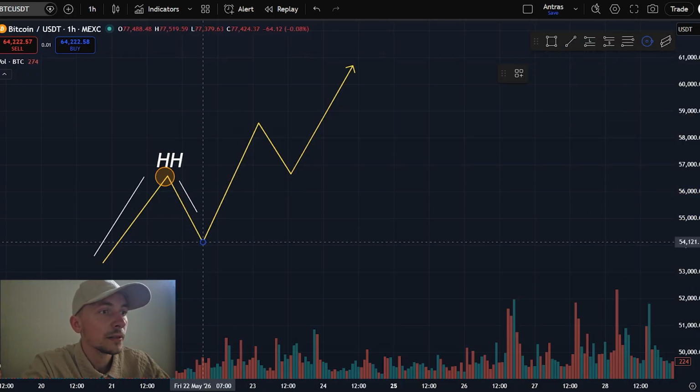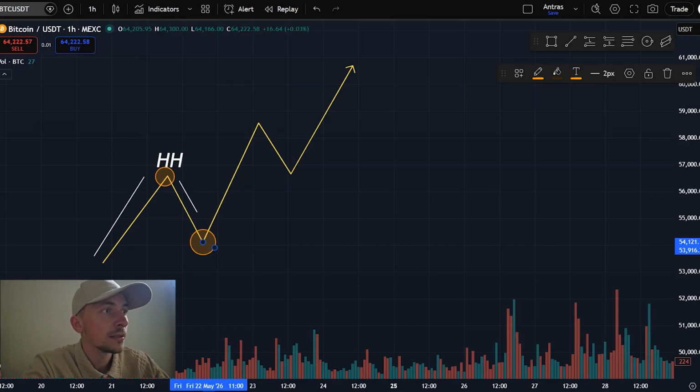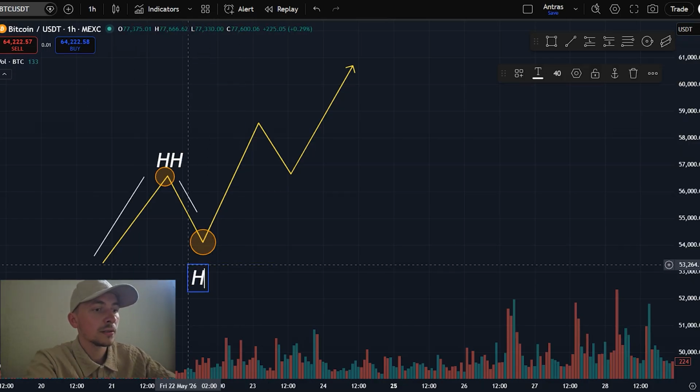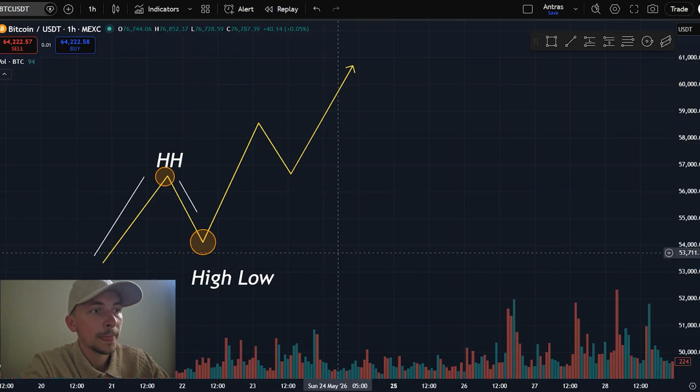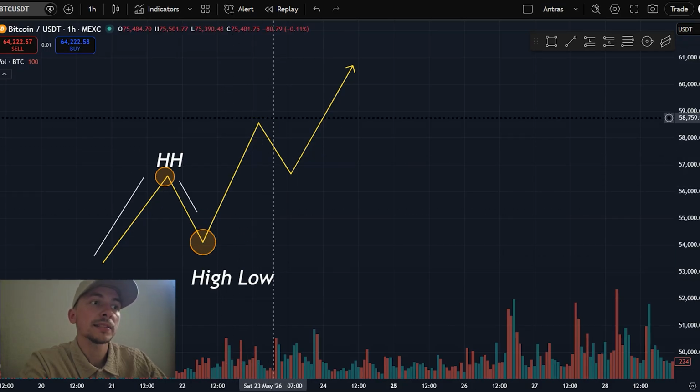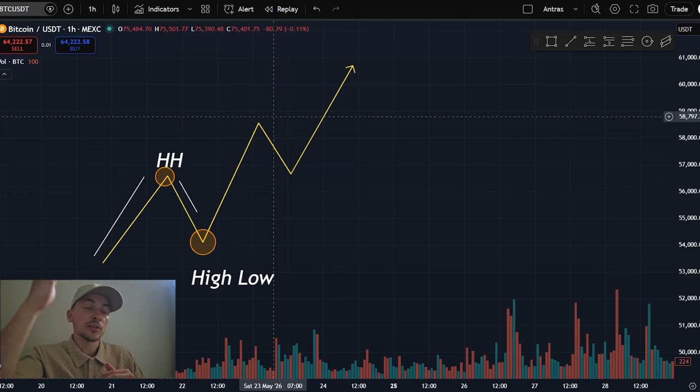Here we have a new point created, which is called a higher low. Once again, price starts to emerge to the top.